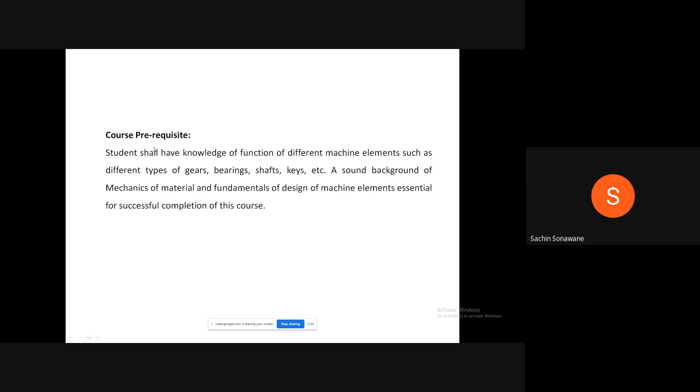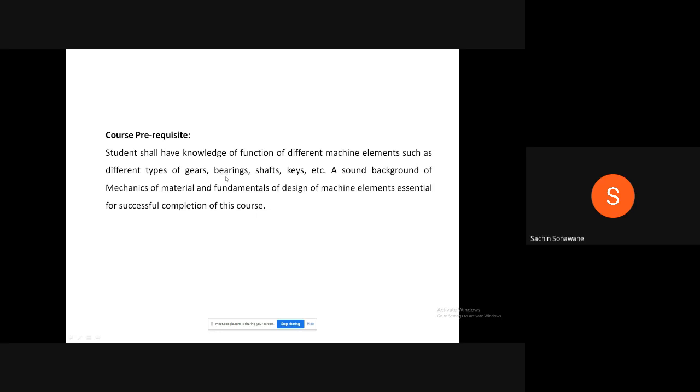Now, what are the prerequisites for this course? Already you have studied in first year applied mechanics. In second year you have studied strength of material, that is mechanics of materials. Then in second year semester 2 you have studied theory of machines, that is kinematics of machines, that subject is there.